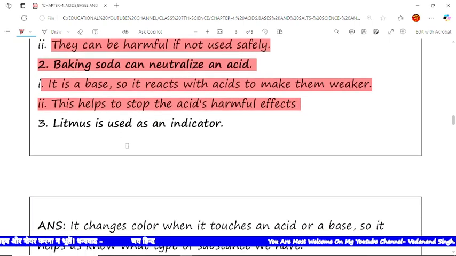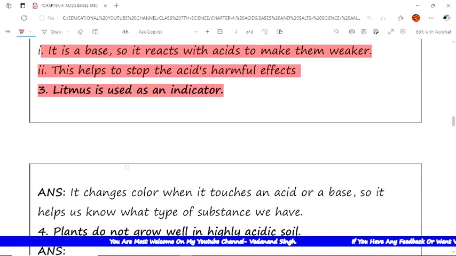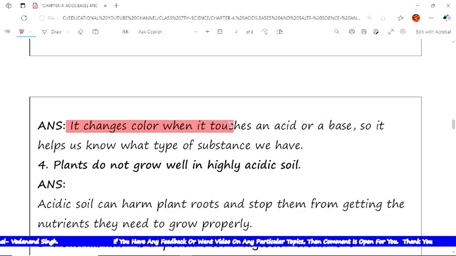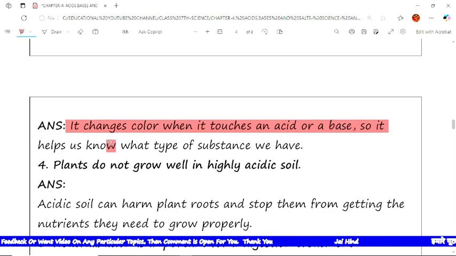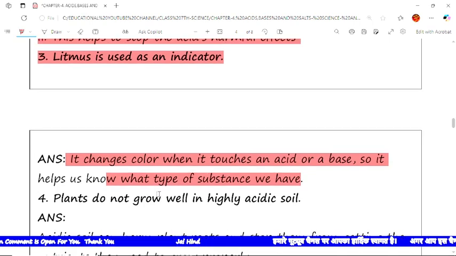Now the third statement is: litmus is used as an indicator. Yes, and this is the answer. It changes color when it touches an acid or base, so it helps us to know which type of substance we have. Litmus paper tells us whether the substance we are using is basic or acidic in nature.